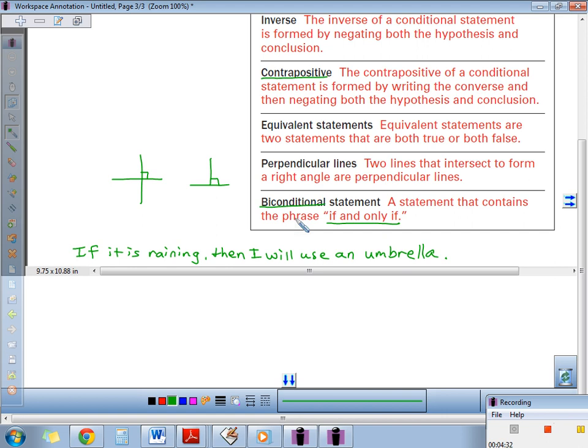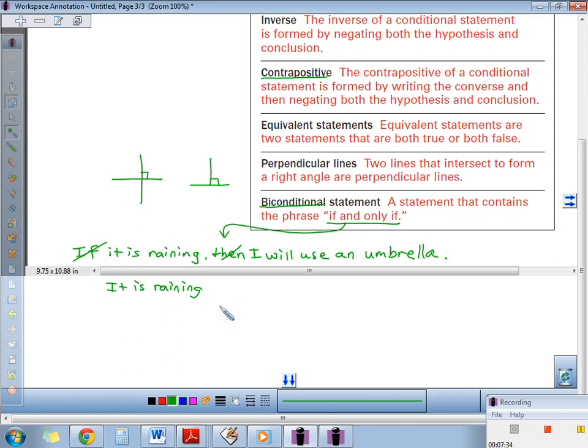Here's what you do. You cut the if and you cut the then, and you basically write what's there. You write, it is raining. And this is where we use that if and only if.